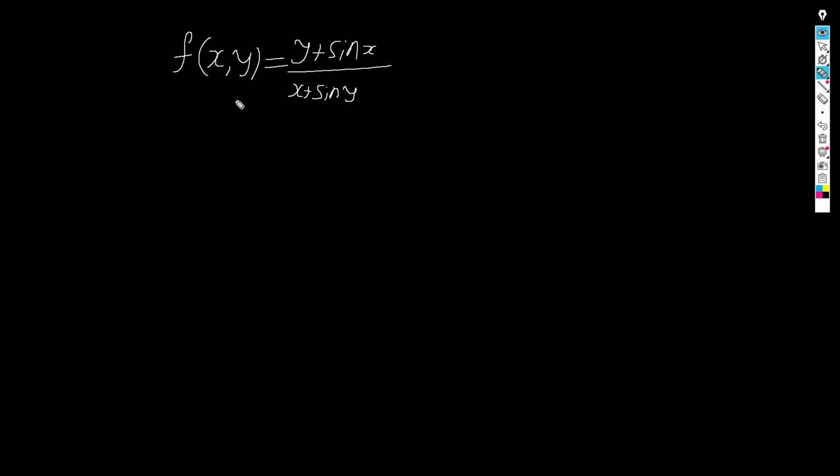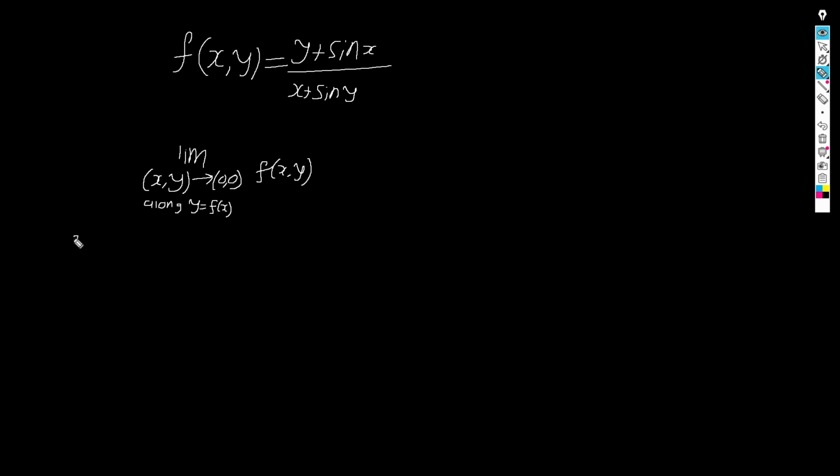Let's say we have this function of (x, y), and it's y plus sine x over x plus sine y. Now if you take the limit of f(x, y) of this along y equals f(x), which can literally be any curve, and we're using this to approach the origin.